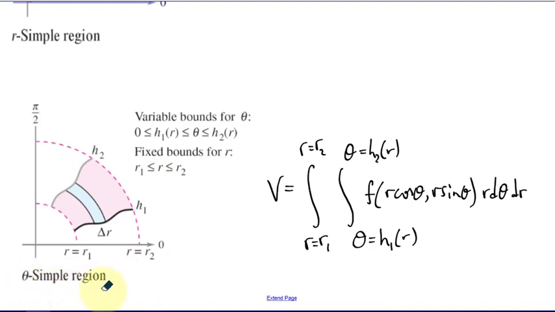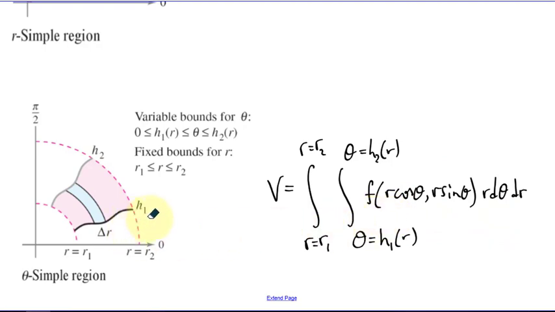We might say that the theta simple region is one where we do the integration with respect to theta first, and then the integration with respect to R, either because of the region, or because it's easier that way in the actual integration.